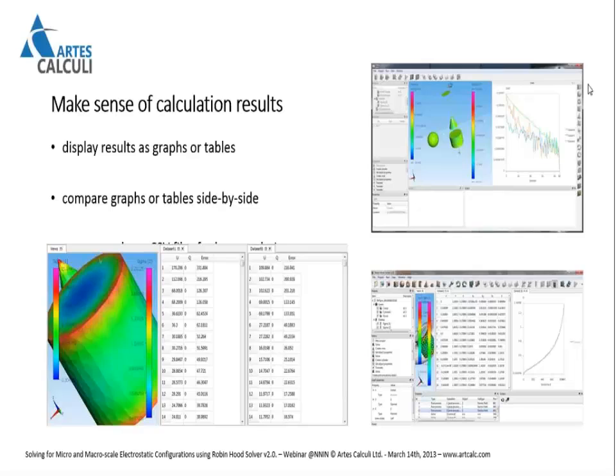And this is not shown here, but a very important feature is that you can simply click on a part of the object, for example a triangle in the cylinder that is shown in the bottom left picture, and then Robin Hood Solver will highlight this triangle, this element, in the table of the result. So if you see something that seems out of order, simply click it and you will be transported instantly to the numerical result of what has caught your eye.